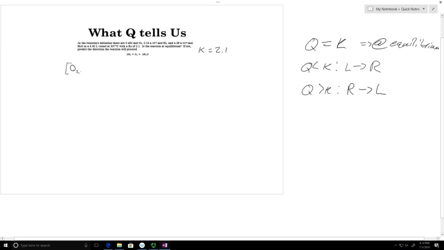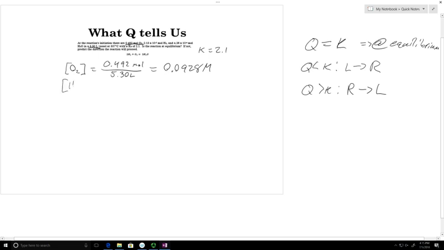So the molarity of O2 is equal to 0.492 moles per 5.30 liters, because that's the total liters we have, and that's the total moles of oxygen that we have. So that gives us 0.0928 molar.